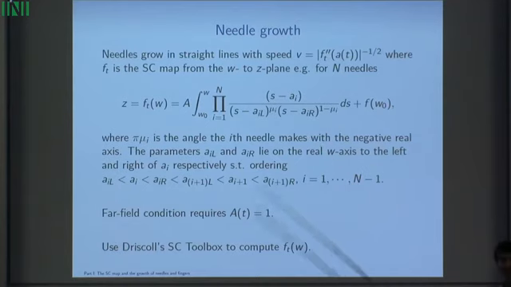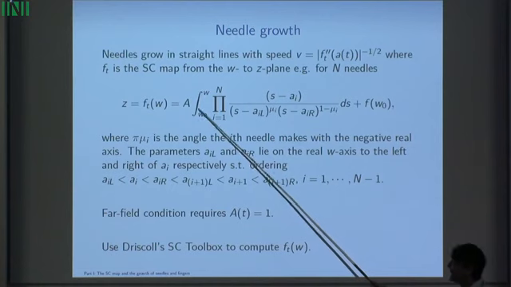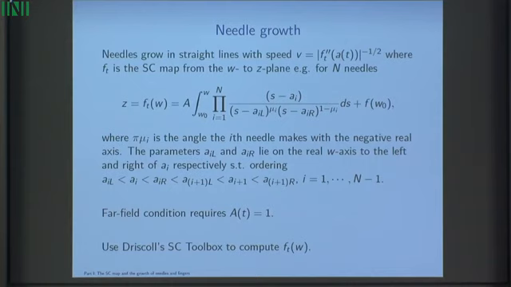There's always some choice to make in Schwarz-Christoffel transforms, and we need to choose A of t such that it satisfies the correct boundary condition at infinity. So A of t is the one that we choose to satisfy that, and then that sets these other coefficients.